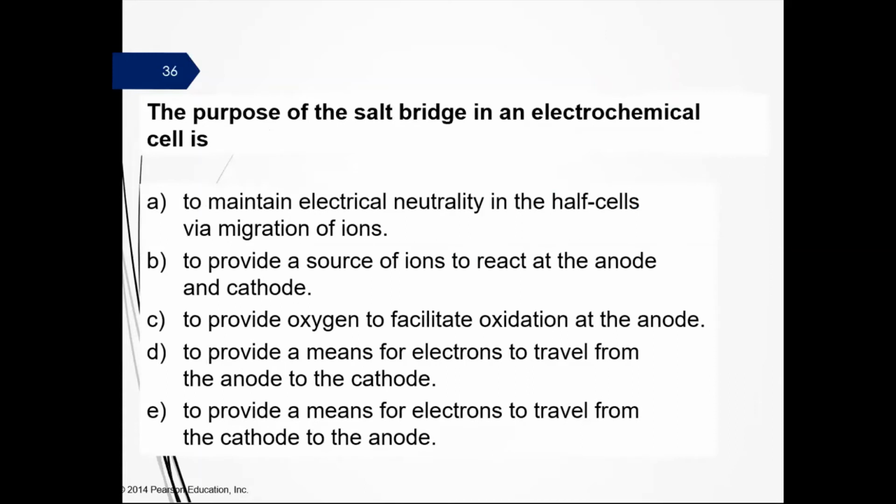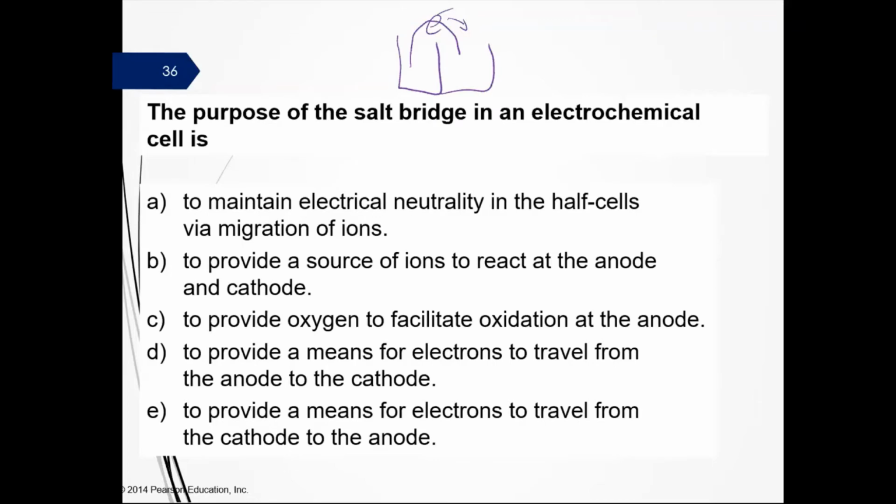Now, think about why we have to have a salt bridge. We know we have to have the wire for the electrons to travel, but why do we need the salt bridge? What are those ions doing? When we had our two containers and we had electrons flowing from one side to the other, those electrons have some charge with them.